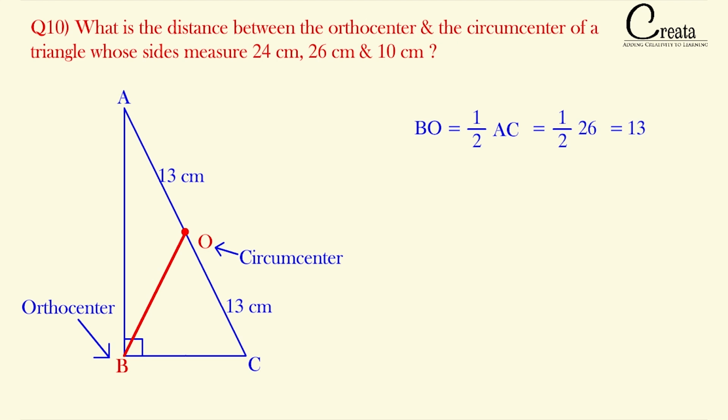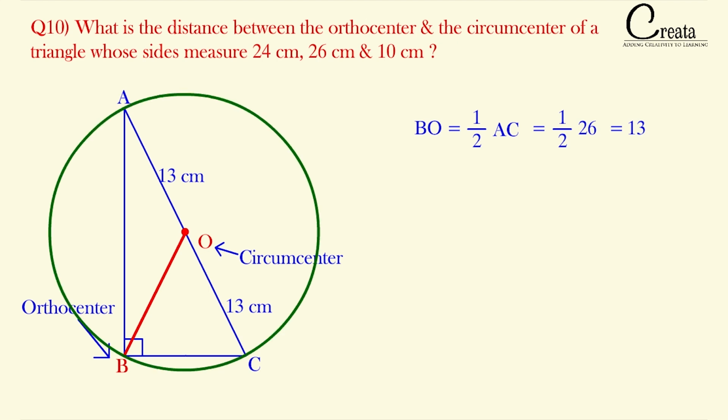Moving further, if you observe the question, the point O is the circumcenter, and we know from the circumcenter we can form a circle which will touch the 3 vertex of the triangle. So from this point O, we can form a circle which is touching the vertices A, B and C. So this is the circumcircle.